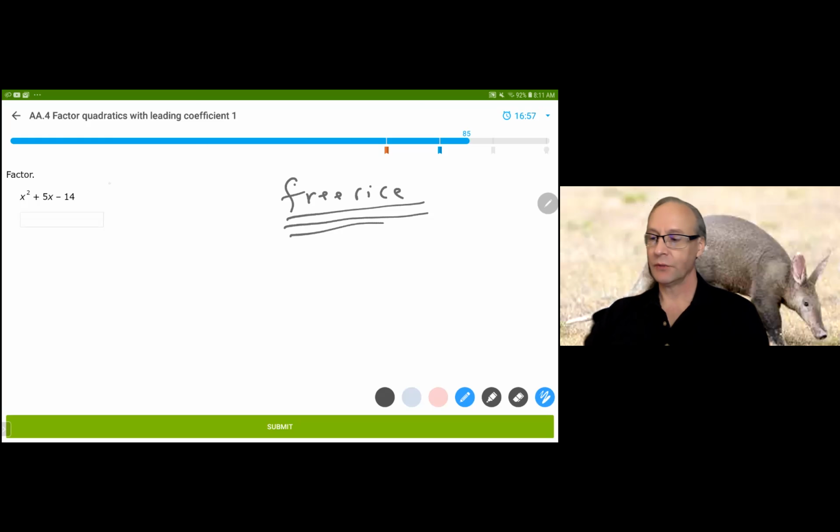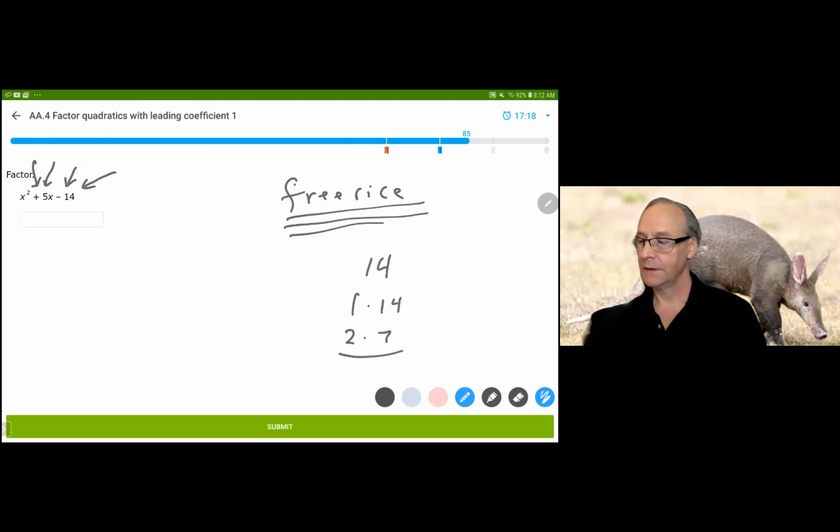And I'm going to read my trinomial backwards. I have a product of 14 and a difference of 5, and the sign of the larger is positive. Well, I have a product of 14, and there are 2 ways to get there: 1 times 14 and 2 times 7. I have a difference of 5.